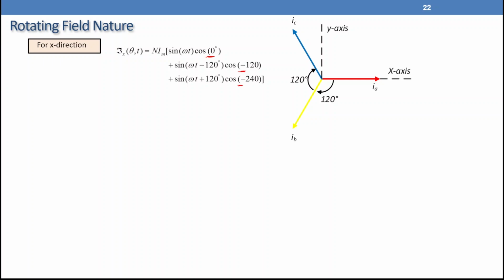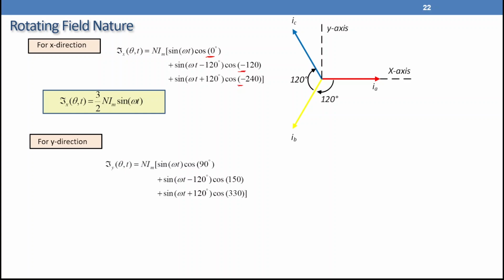If we simplify this equation, we are going to end up by Fx of theta and t equal 3 over 2 N I maximum sine omega t. We're going to repeat the same for y direction, but make a projection to the y direction. So N I maximum sine omega t cosine 90, and that one sine omega t minus 120 cosine 150, and for the C will be sine omega t plus 120 cosine 330.